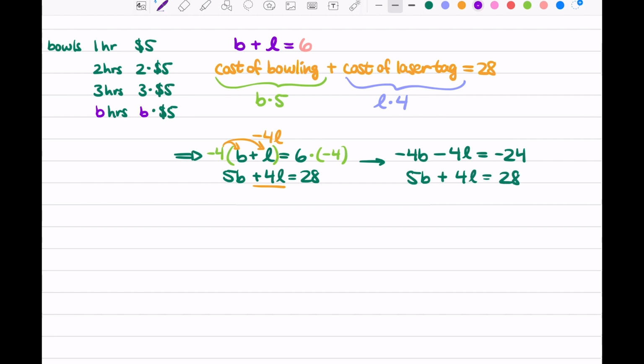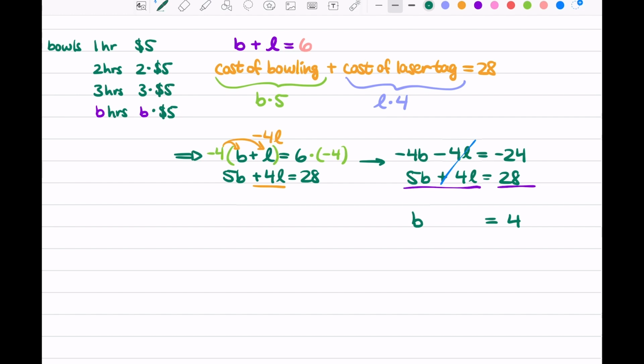Now we're ready to combine. We'll combine the pieces on the left side and the pieces on the right side. Negative 4B plus 5B gives us just 1B. And then negative 4L plus 4L makes the L's disappear. So we just have our 1B on the left side. Going to our right side, we have negative 24 plus 28. That would give us 4.